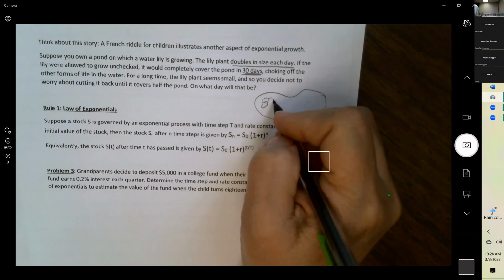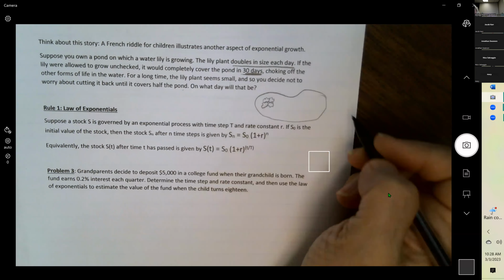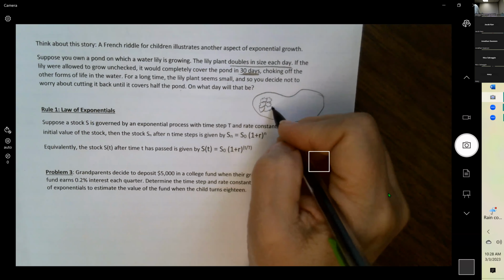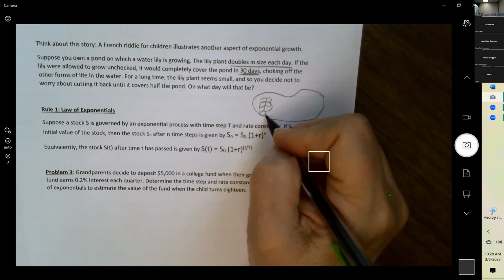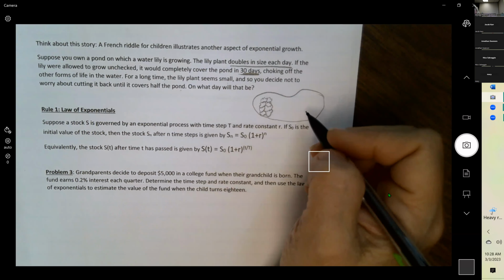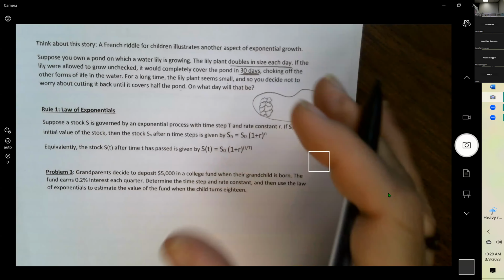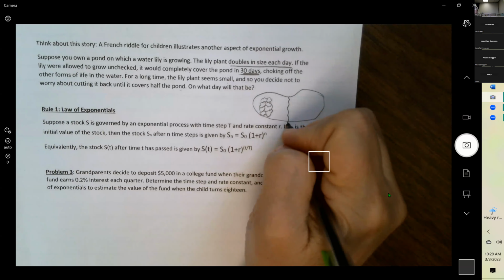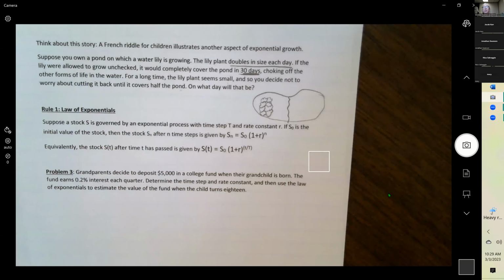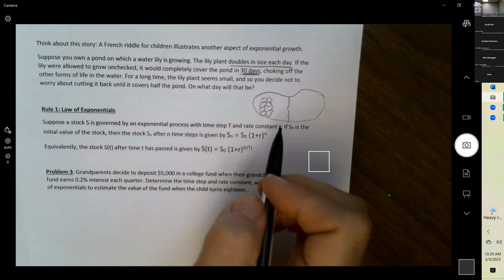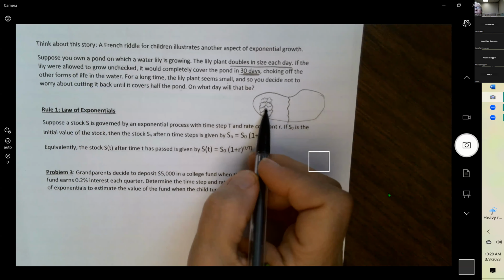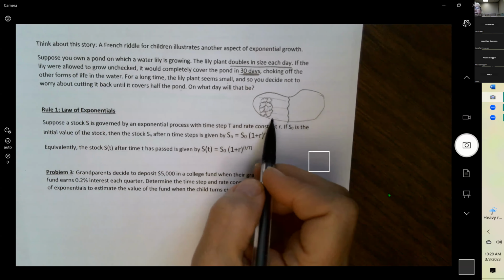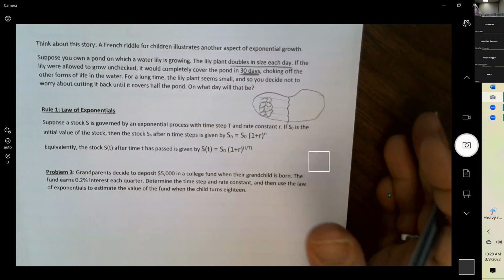Now it will be 4 of those. Is it 15 days? Remember, if it's doubling every time, once it reaches half of the pond, the next day it's going to completely cover it.